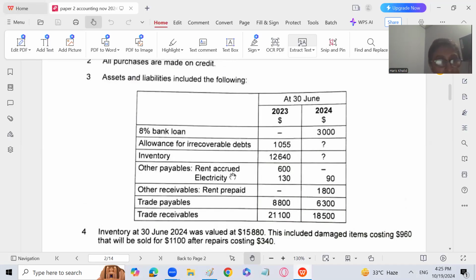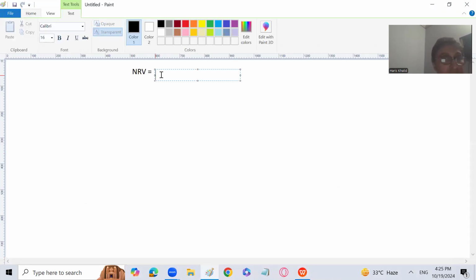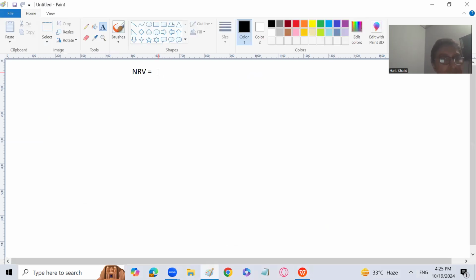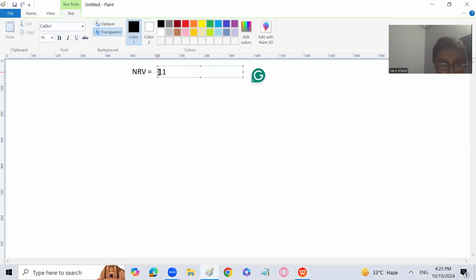Let's see. Damaged goods costing 960 can be sold for 1,100 after a repair cost of 340. So I will do 1,100 minus 340. Let me calculate it, obviously, for you.